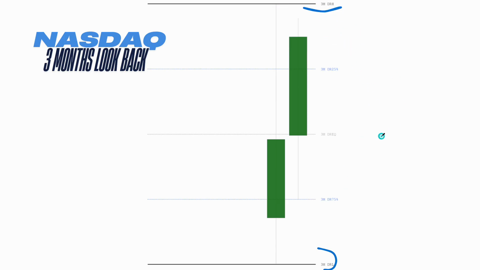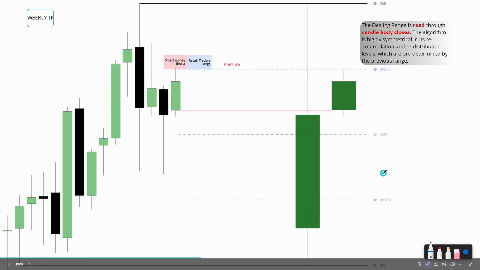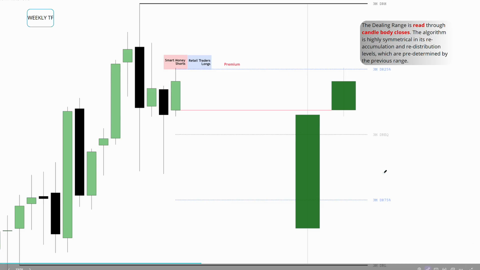In this case is higher time frame for your directional. Okay, when this power of three or 3 months power of three opens, the first move is to the 25. Okay, price moves to the premium or 25, and in this moment the traders or retail think Nasdaq all-time highs, longs all-time highs.